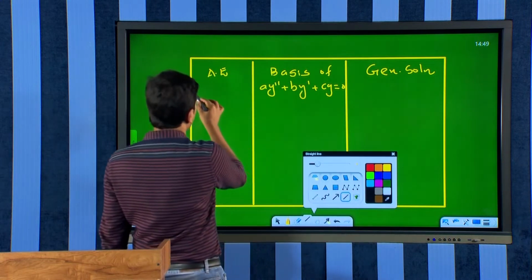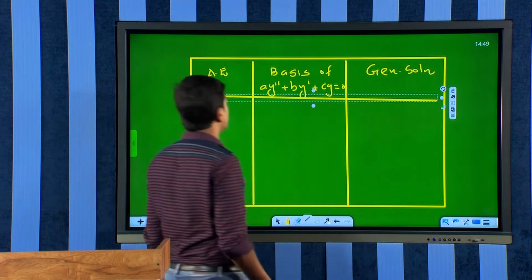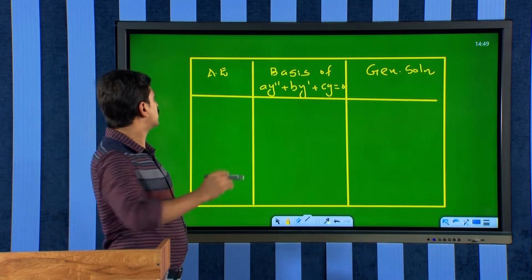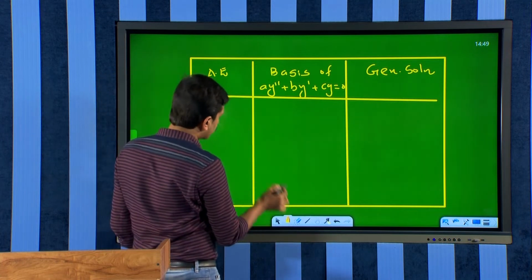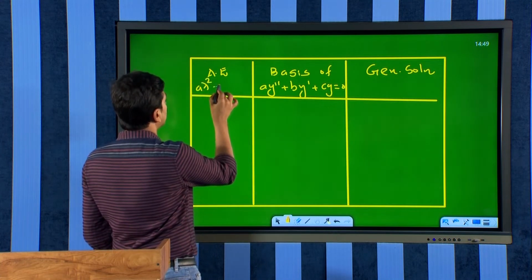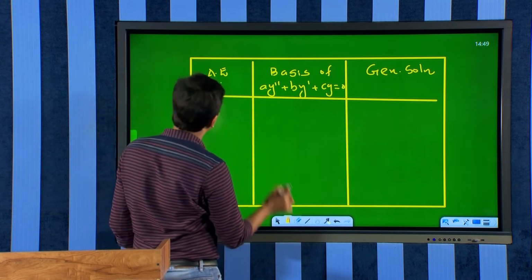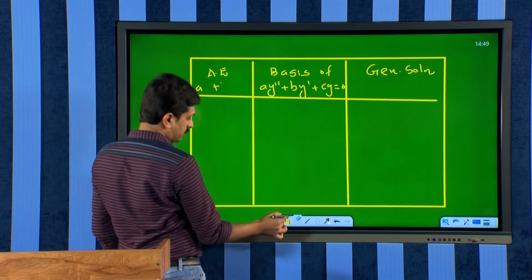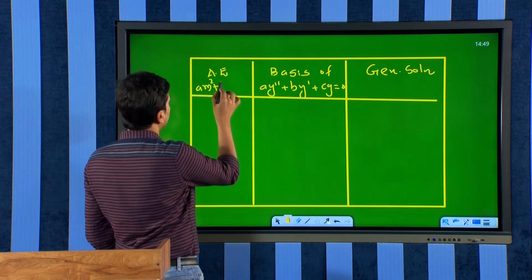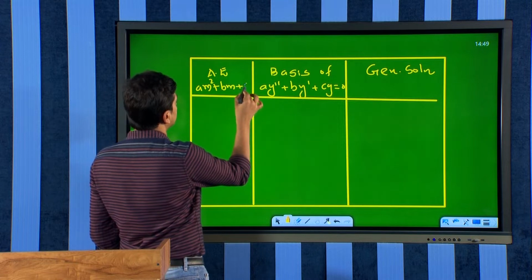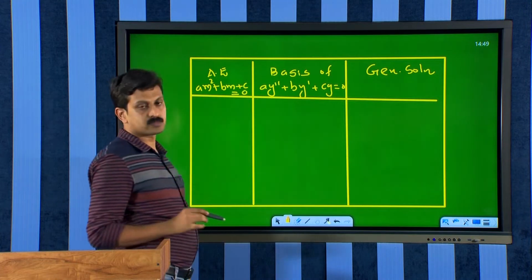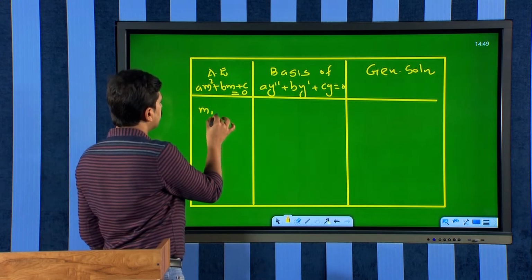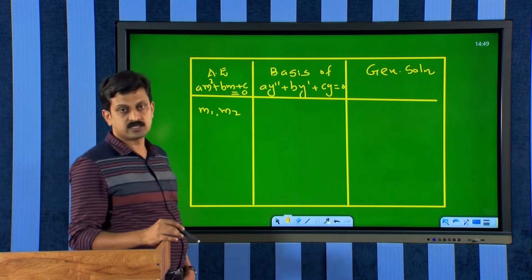So, my students, the auxiliary equation is am square plus bm plus c equal to 0. Their roots are, first, m1 and m2 real and distinct.